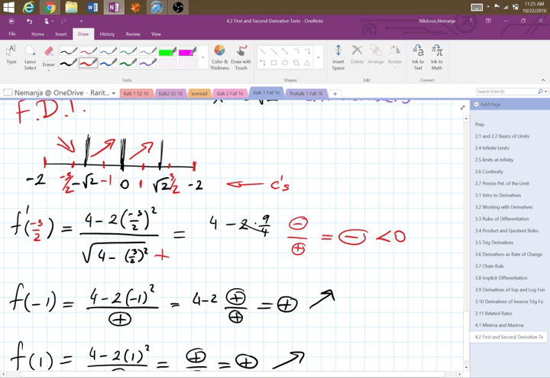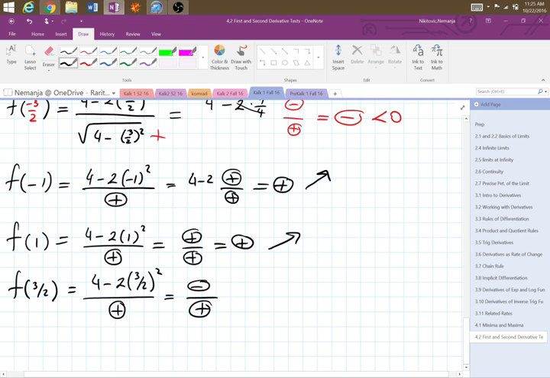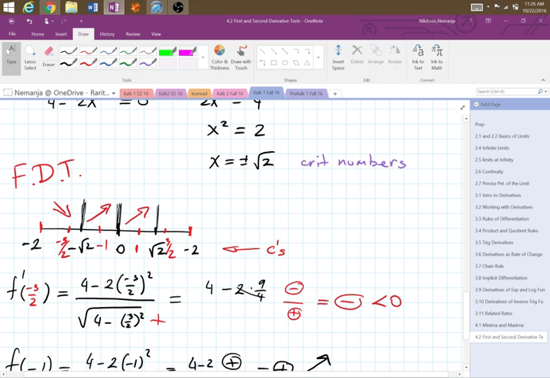And then we have 3/2, which is again negative over positive, which is negative, which is a decrease.